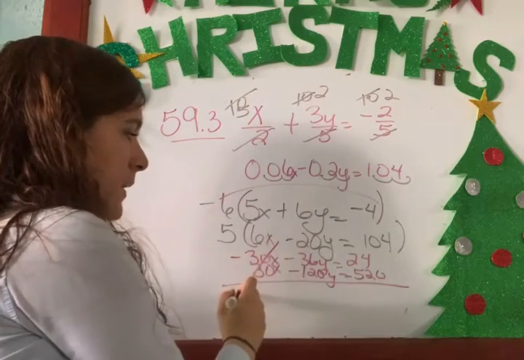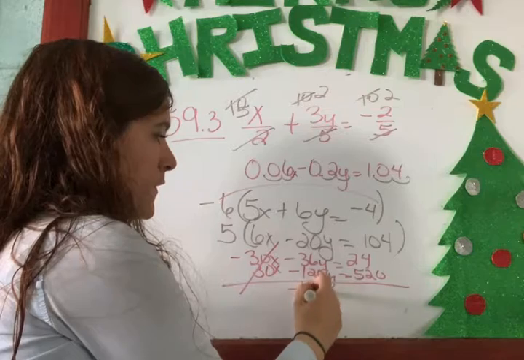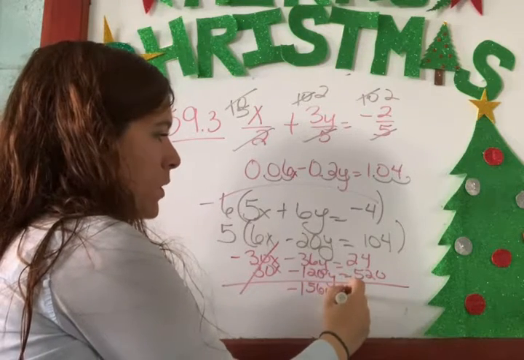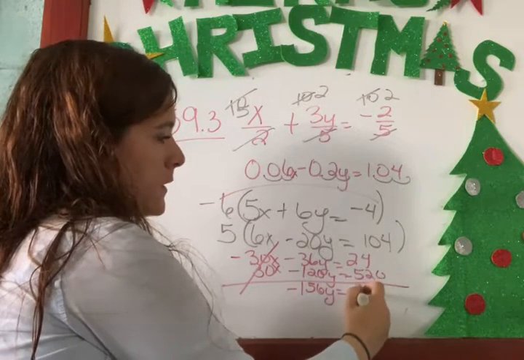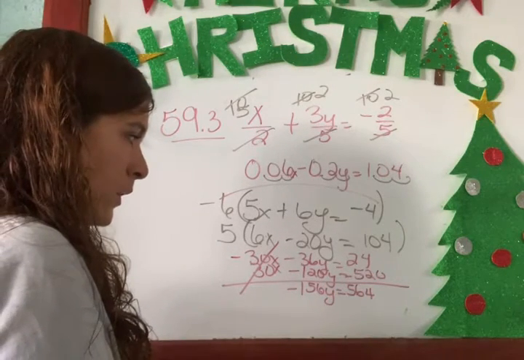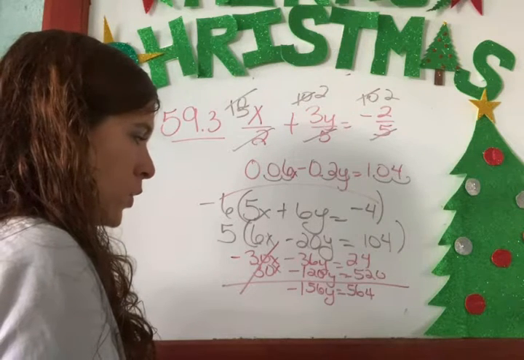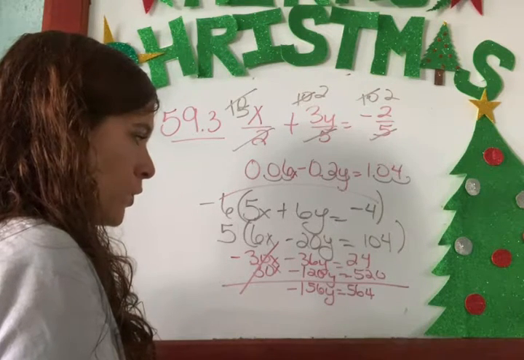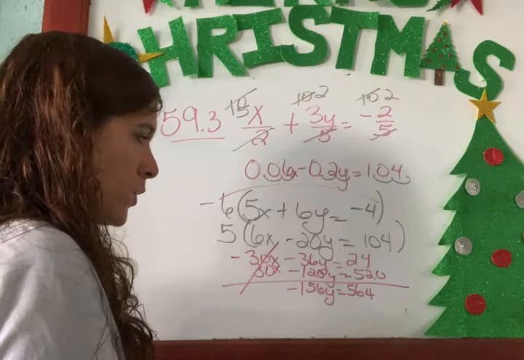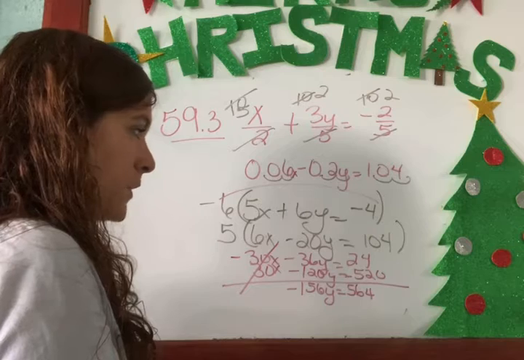Okay, eliminate our x's. We get negative 156y equals 564. It almost doesn't look right.